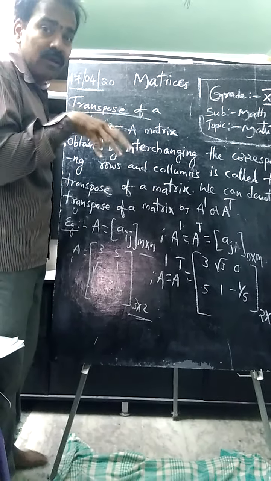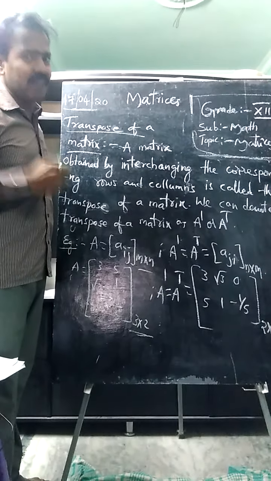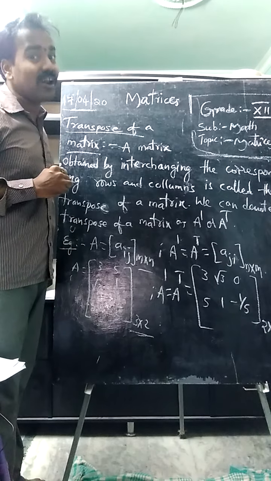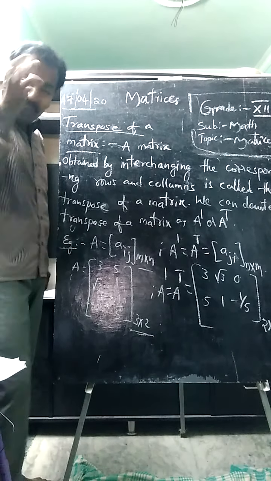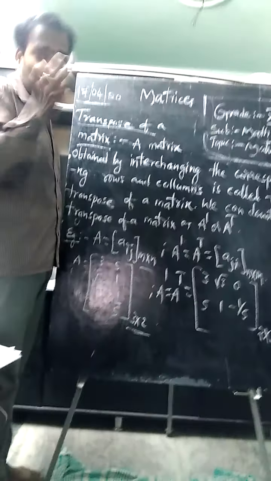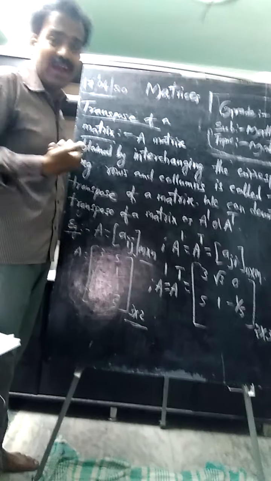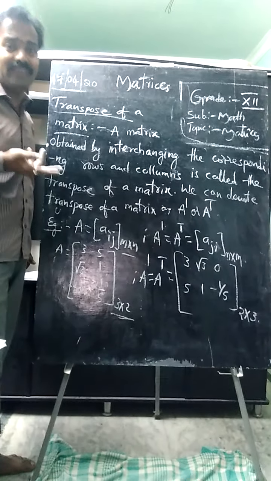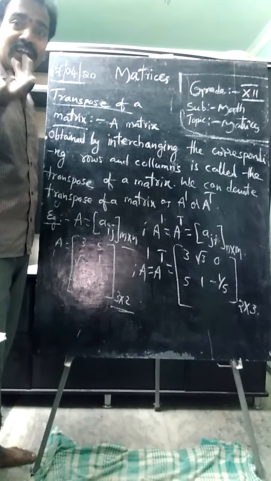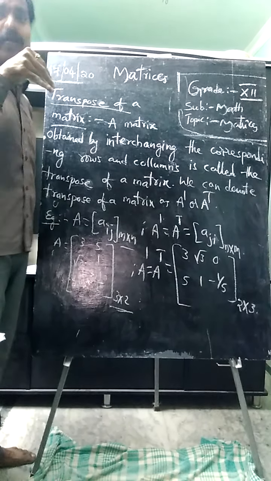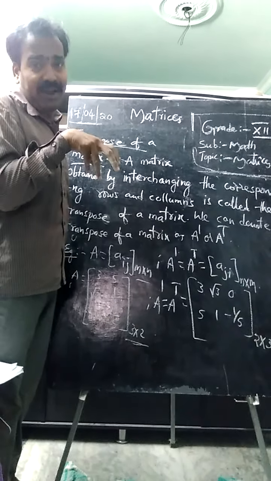Till this point, what concepts have you learned in matrices? First, the definition of a matrix. Second, how to write the order of a matrix. Third, how to construct a matrix with a given property. Fourth, types of matrices like square matrix, rectangular matrix, row matrix, column matrix, zero matrix, unit matrix, scalar matrix, and so on. Next, operations on matrices: addition, subtraction, multiplication, and when each is possible.